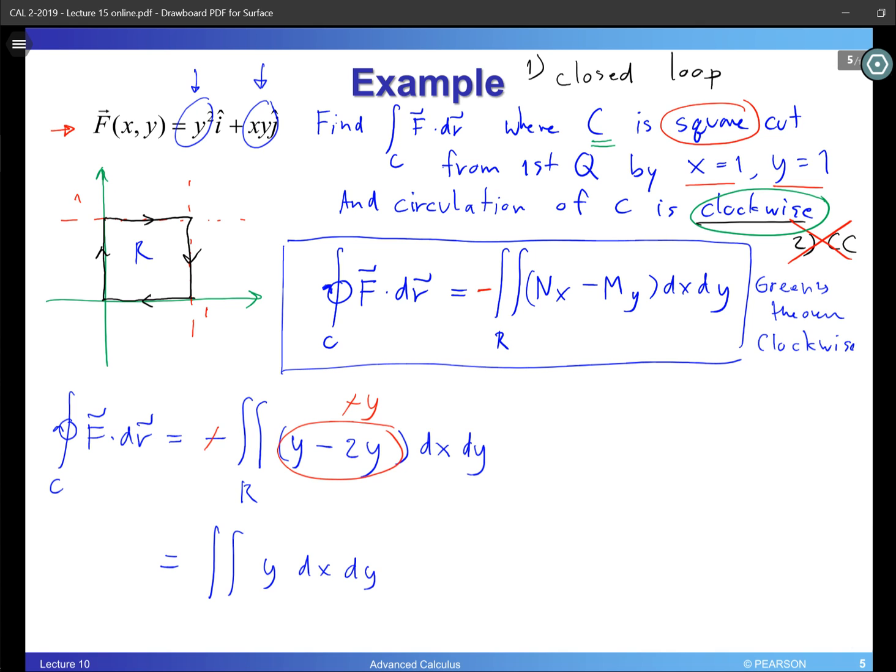Let's recall what we did before when we learned about the double integrals. We need to sweep the x variable first. So as you can see, we sweep the x variable starting from x equal to 0 to x equal to 1.